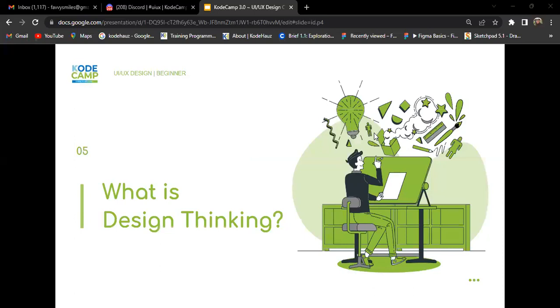So what is design thinking? In case you're wondering. The most valuable products, regardless of their industry or sector, tend to solve a lot of problems for people. If you attend business schools, you find out that this concept is being taught there because people are willing to pay money to have their problems fixed for them.